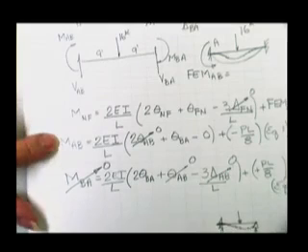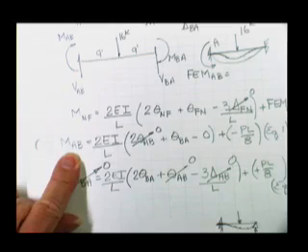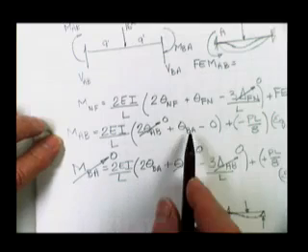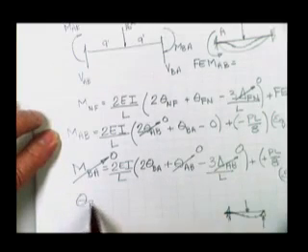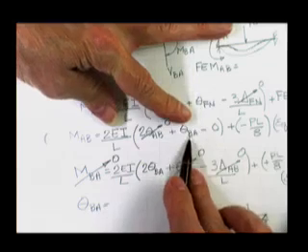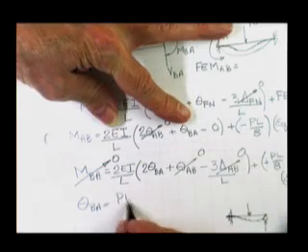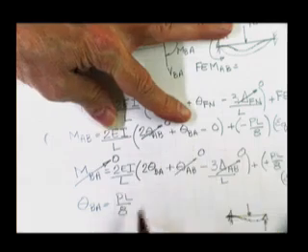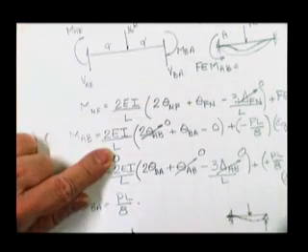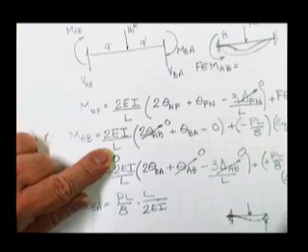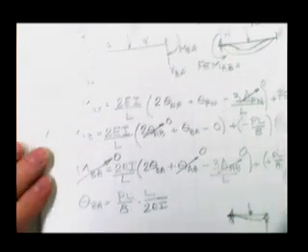So we have 2 equations, and we have 2 unknowns, and so we ought to be able to solve for everything we need. This equation right here is as good as any. It says that theta sub BA is equal to, that's a positive, this will go on the other side, PL over 8. And then that will be multiplied times the inverse of this, which would be L over 2EI. Is that right? I think so.